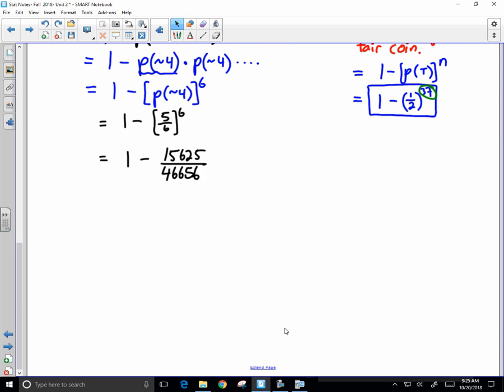Fortunately, we have calculators, though. All right, so this is, I mean, it's an answer. It's not the most meaningful one. If we want a cleaner answer, what I would do is make a common denominator.